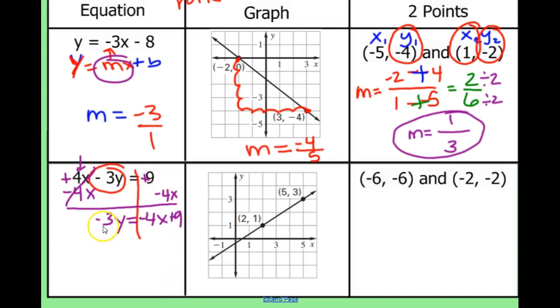And then we need to get y by itself, and this is multiplied by -3, so I'm going to divide everything by -3. We get y equals, here we have 2 negatives, those make a positive. It's not a very nice number, so I'm just going to leave it as a fraction.